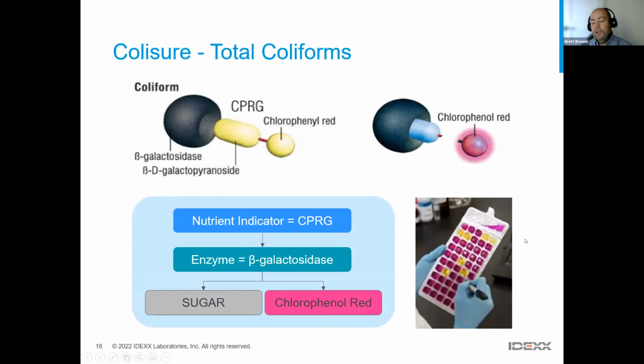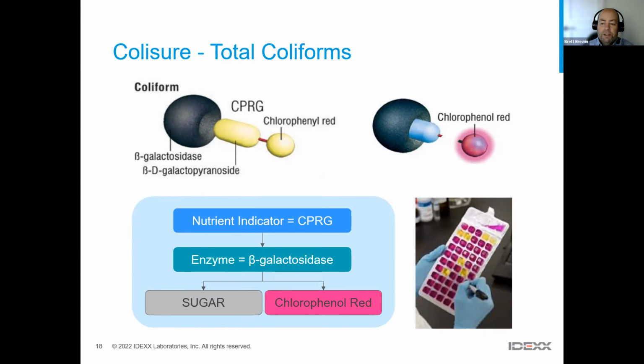With Colisure, it's very slightly different. The nutrient indicator present is called CPRG. The same enzyme, beta-galactosidase, breaks down the CPRG to a sugar, but forms a different product called chlorophenol red. And so you get a red or magenta coloration in the presence of total coliforms.